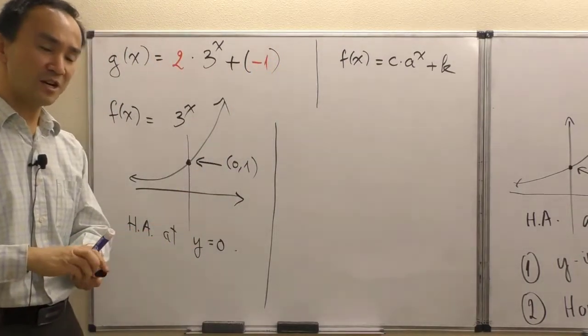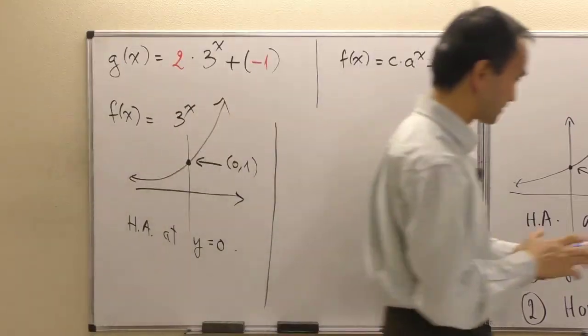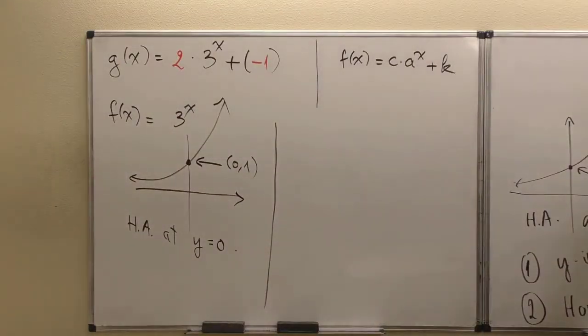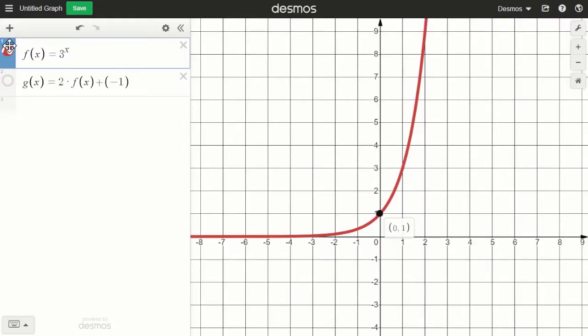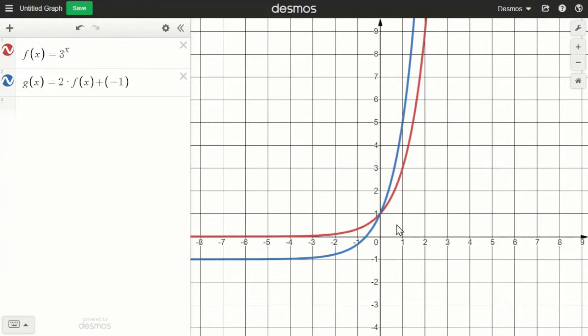All right, so now I'm about to show the graph of g of x. At this point we only need to focus on the y-intercept. So allow me to hide away the 3 to the x to keep things less confusing.